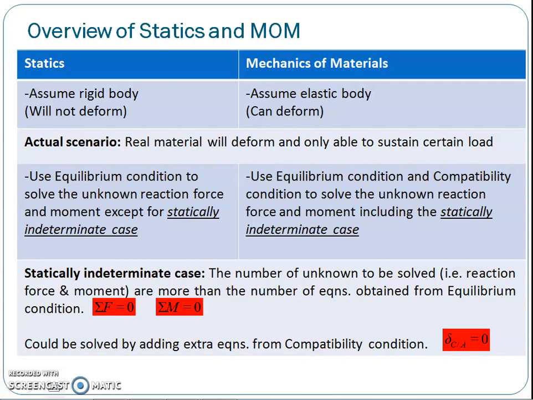To recap, statically indeterminate cases are those where the number of unknowns to be solved is more than the number of equations obtained from the equilibrium conditions. So in mechanics of materials, with the additional equations from the deformations, we can solve those statically indeterminate cases.